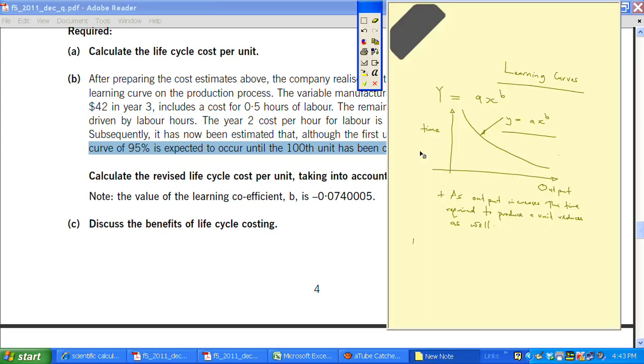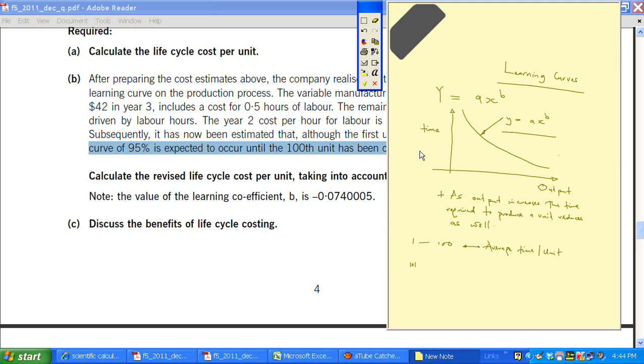It means that from 1 to 100, we need to calculate an average time per unit.